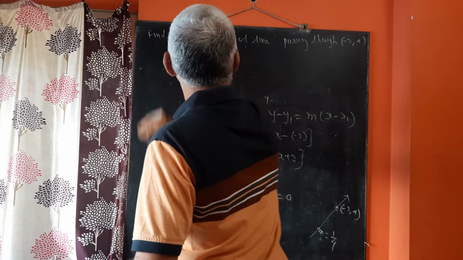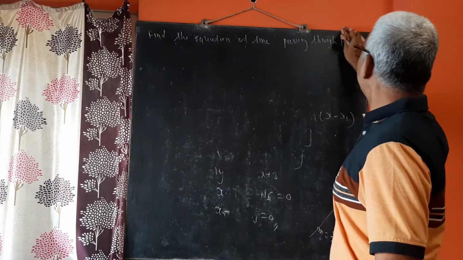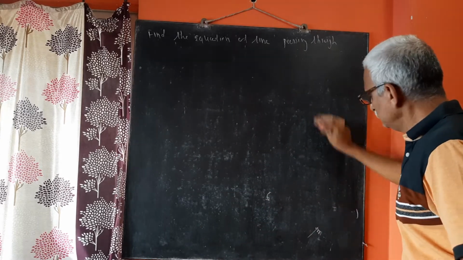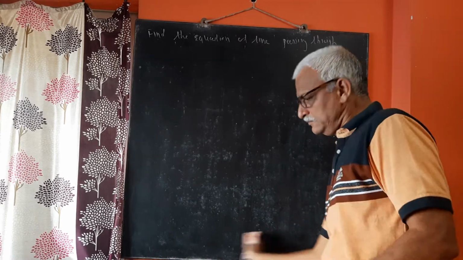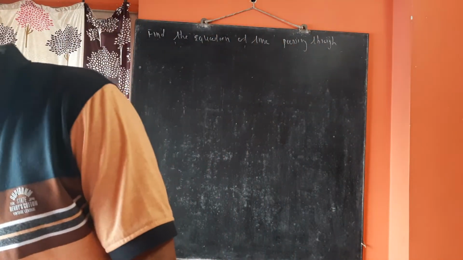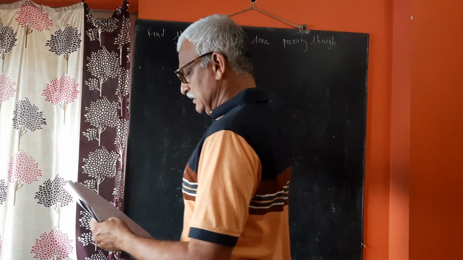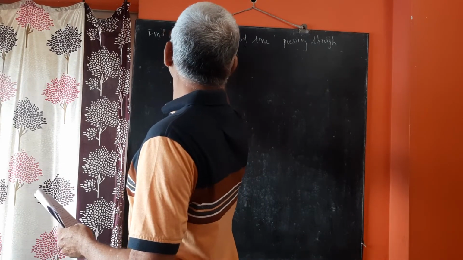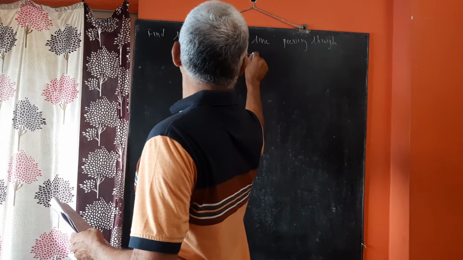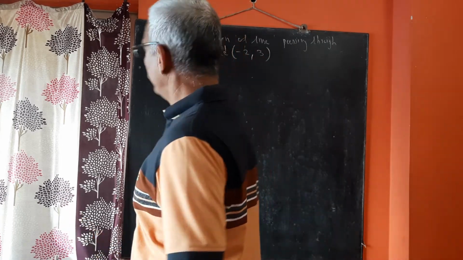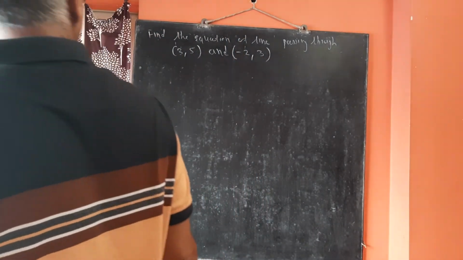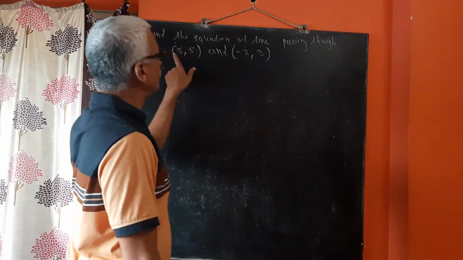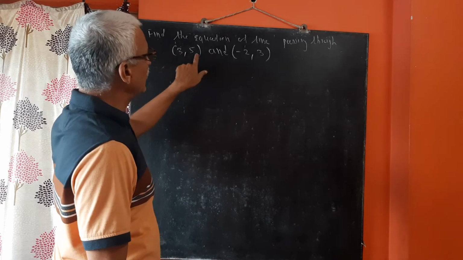The question is, find the equation of a line passing through the points 3, 5 and minus 2, 3. Find the equation of a line passing through the points 3, 5 and minus 2, 3.